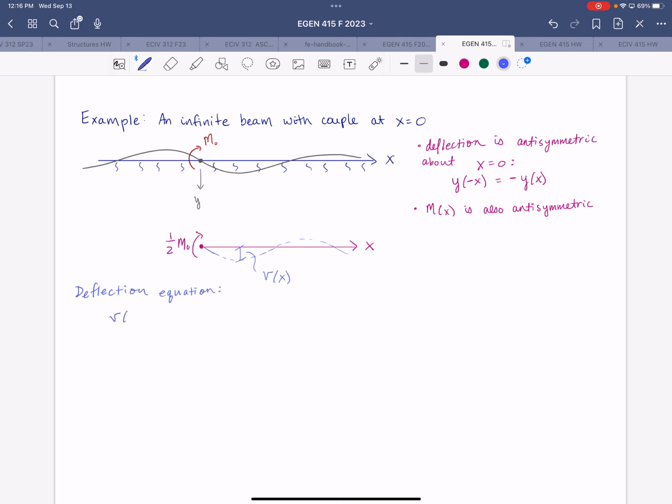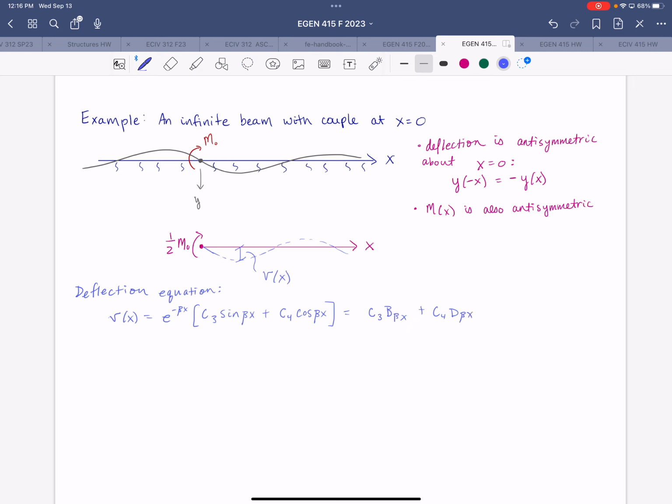So that's lowercase v of x is equal to e to the negative beta x times constant C3 sine beta x plus constant C4 cosine beta x. And we'll simplify that with C3 times capital B beta x plus C4 times capital D beta x.